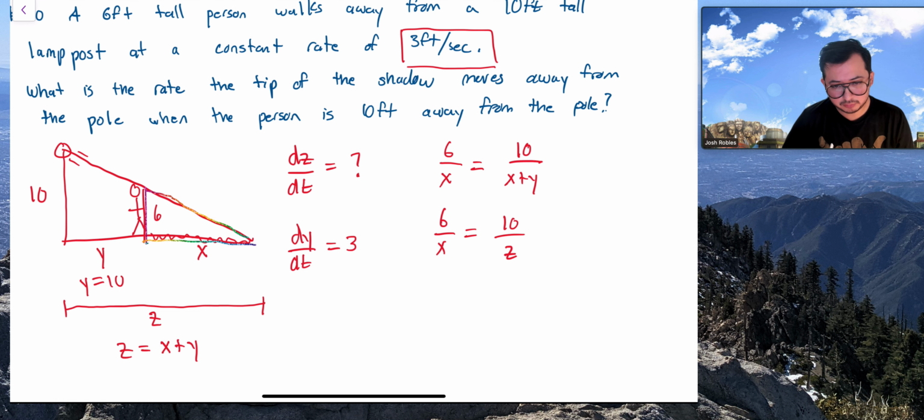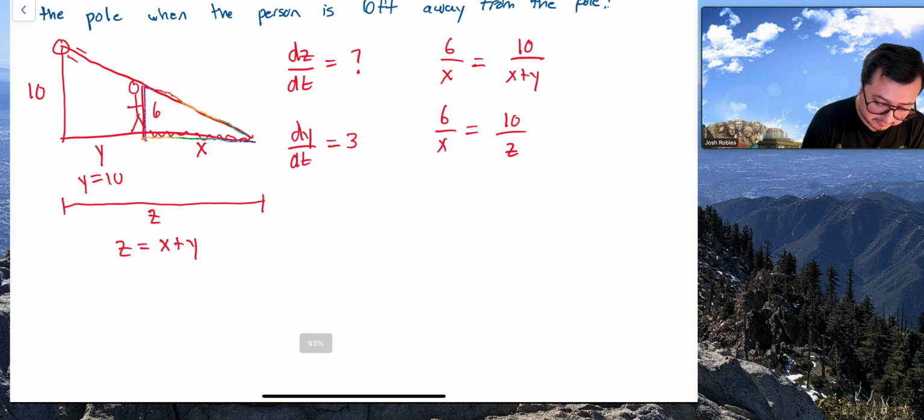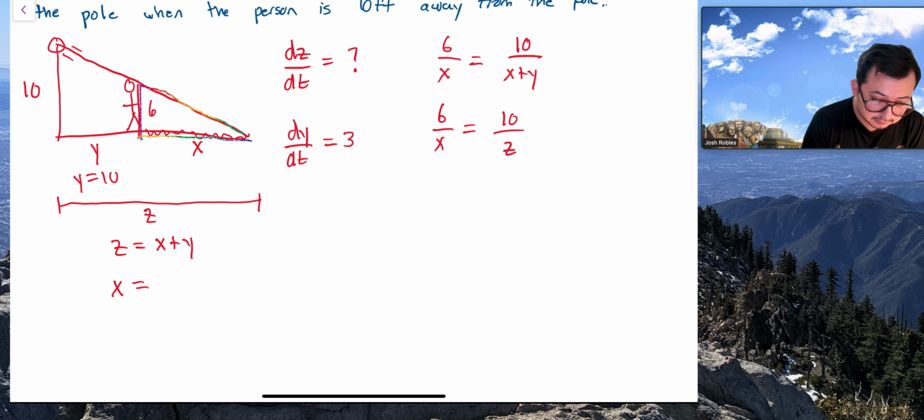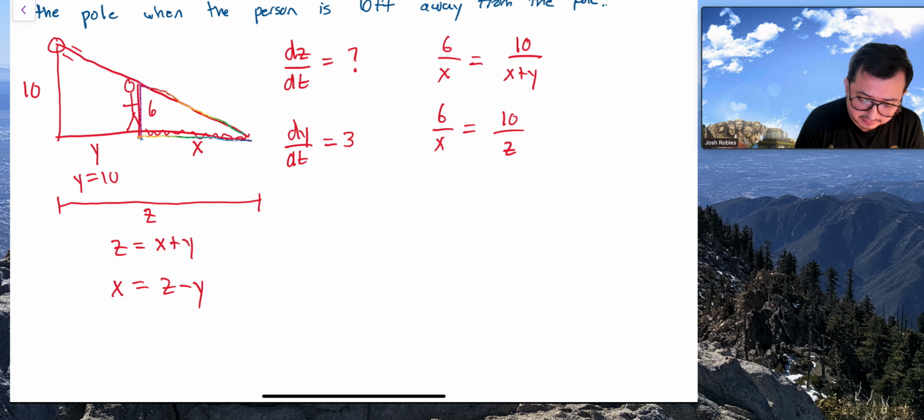So I will need to eliminate that x. So solve for x by subtracting y, and we get that x is z minus y. And I can replace the x in the equation with that.